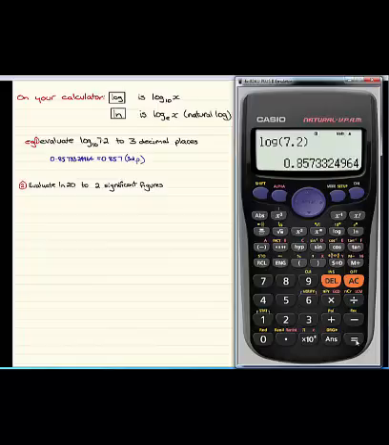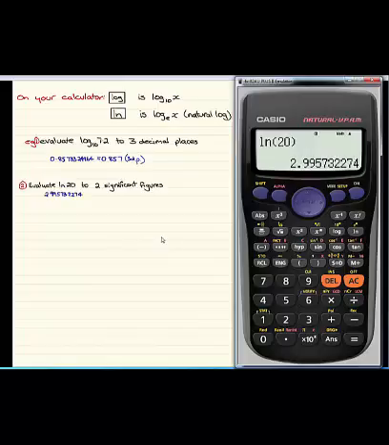In our second one, they want us to evaluate the natural log of 20. That means e to what power is equal to 20. So use your natural log button, 20, and equals. So e to the power of 2.995732274 would be equal to 20. Again, whole calculator answer: 2.995732274.